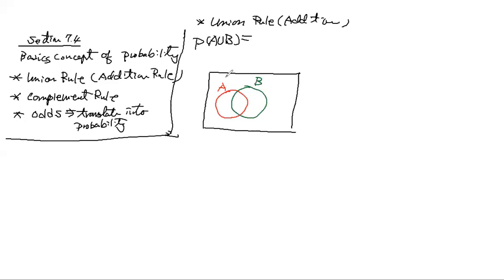I want to find A union B. From the previous sections, we know A union B is, if this is your A and this is your B, we want to find these areas. So basically you combine A and B and see what the value is. So A union B is here.